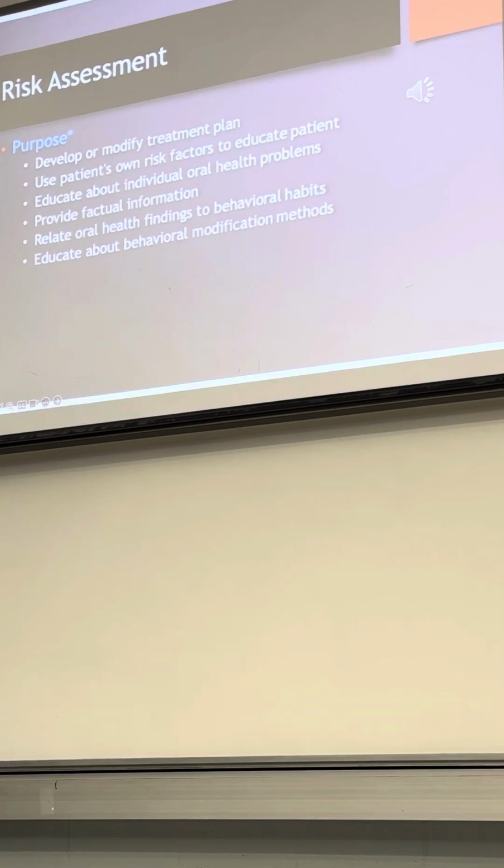So we're going to use their own risk factors to educate them. Obviously, you're not going to go into a spiel about diabetes or smoking for somebody who doesn't have either of those risk factors. So you're using their risk factors to educate them about the potential oral health problems that they have. We want to provide factual information. Where do we get factual information from that we've been talking about for the past few weeks? Your credible sources, your peer-reviewed literature.